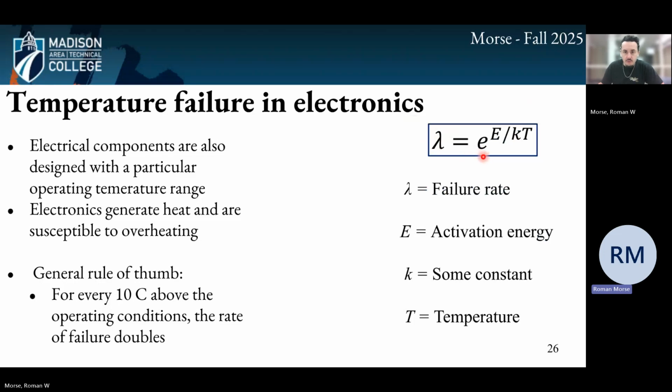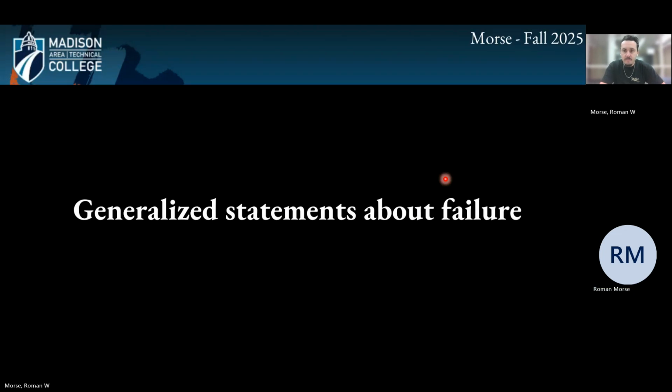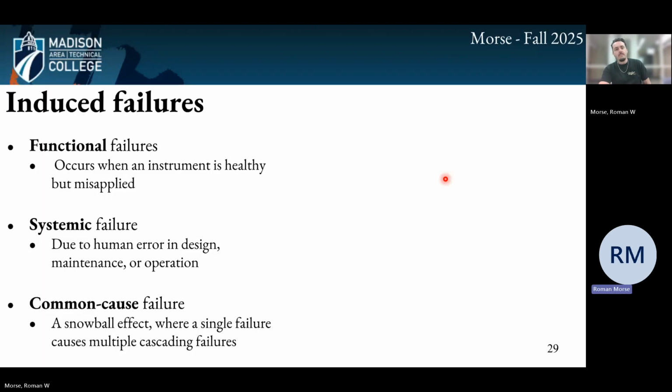Lambda is equal to e raised to the power of big E divided by KT, where big E and K are the activation energy and some constant that's provided to us from the manufacturer. And then T, temperature, is what we plug in. So these will be provided by the manufacturer. Temperature is something we plug in, and then we can calculate the failure rate for electrical components working above their specified temperature range.